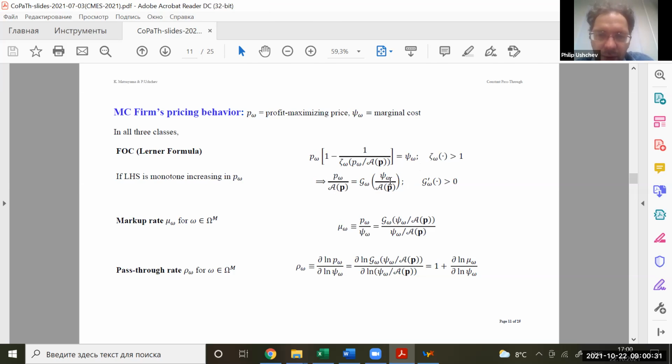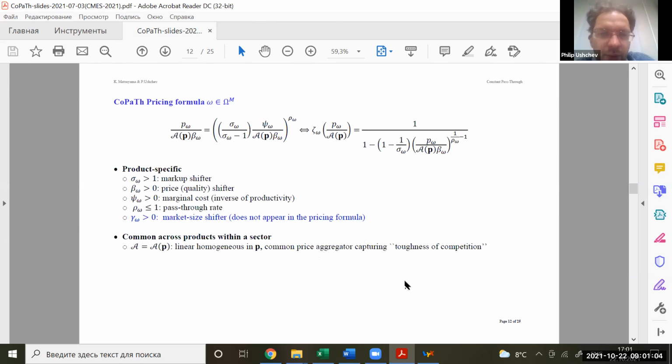So here psi subscript omega is the marginal cost of the firm producing variety omega. And also you can express the markup rate as a function of the normalized marginal cost. And you can express the pass-through rate, which is by definition the elasticity of the firm's price with respect to the marginal cost, as a function of the same magnitude.